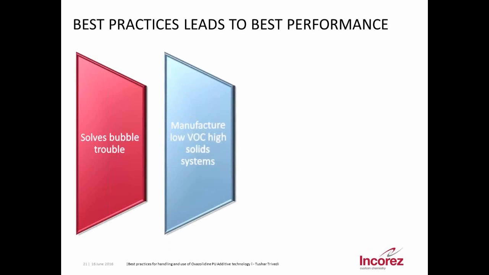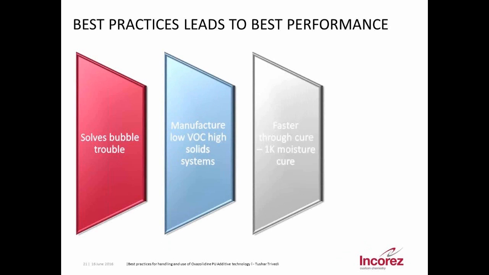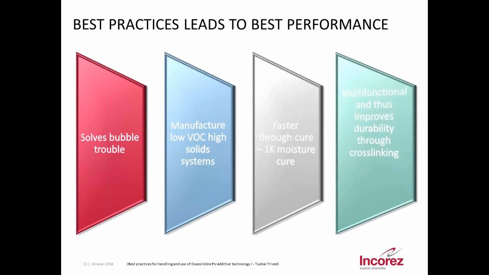Then, particularly in two component systems, you can achieve low VOC, high solids systems. For one component systems, you can achieve faster through cure. And finally, because oxazolidines are multifunctional, they improve durability through cross-linking. So you will achieve excellent chemical resistance, and also improved tensile properties.